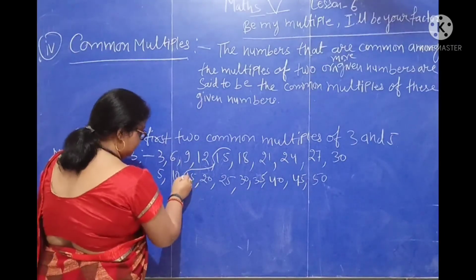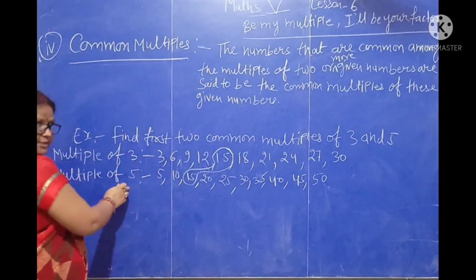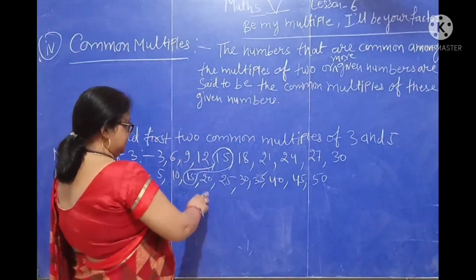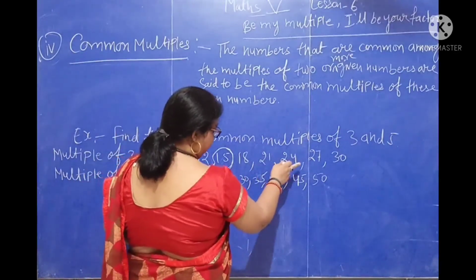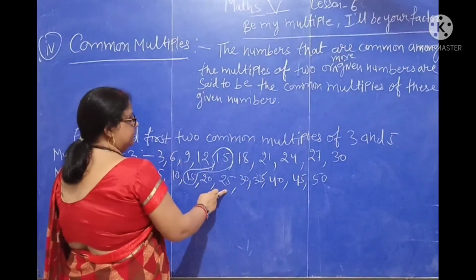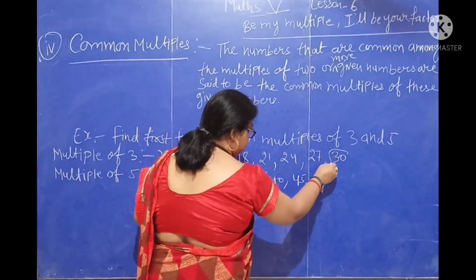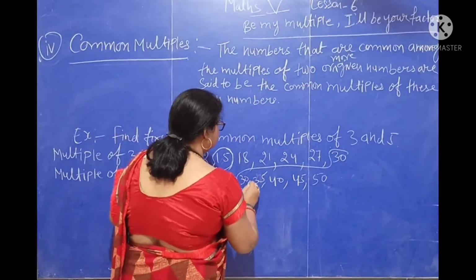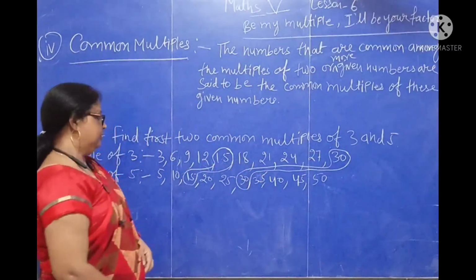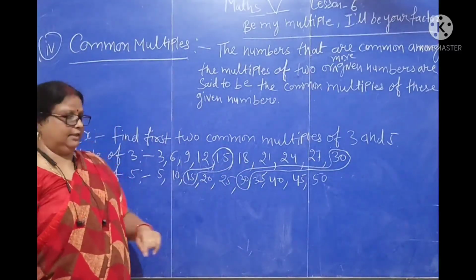So 15 is common to both numbers. Next, here is 18, 21, 24, 27 and 30, and here is 20, 25, 30. So 30 is also common to both numbers. So the first two common multiples are 15 and 30.